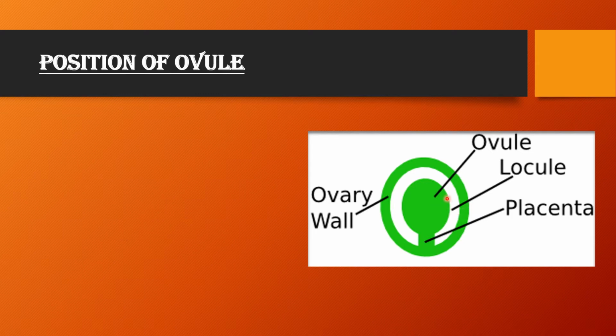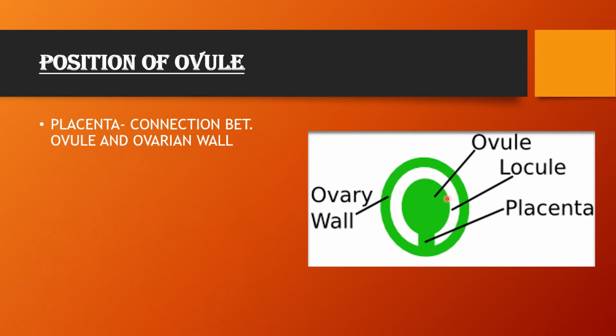On the basis of the number of locules, ovary can be monolocular, bilocular and polylocular also, that you have studied in class 11. So basically inside the ovary there are two distinct parts. First one is placenta, which is the connection between ovule and ovarian wall, and second one is called locule, also called ovarian cavity or ovarian chamber.